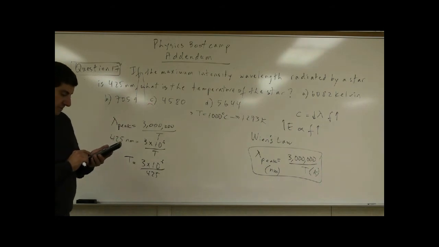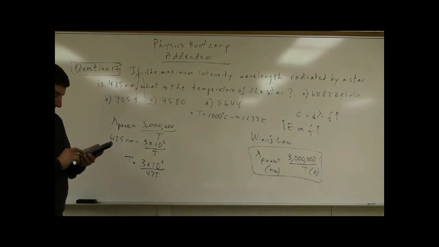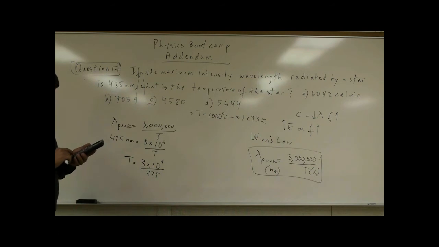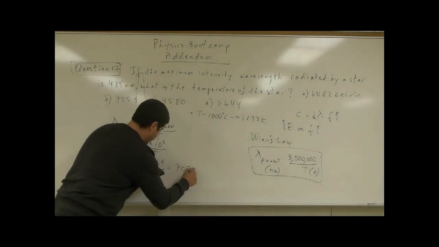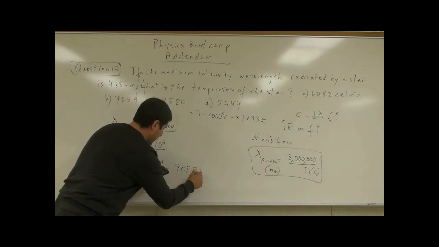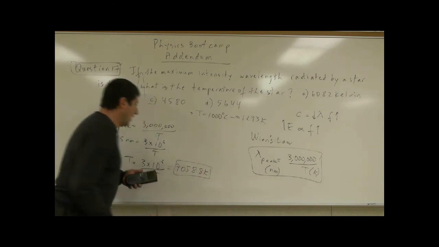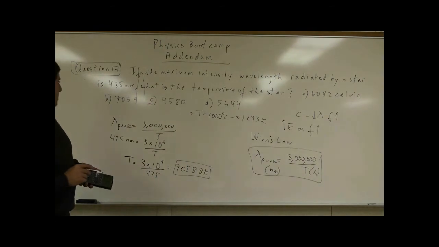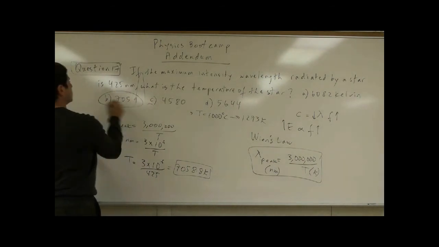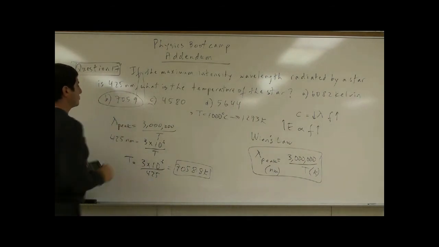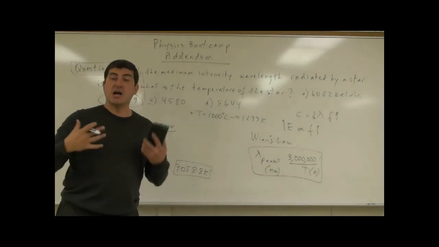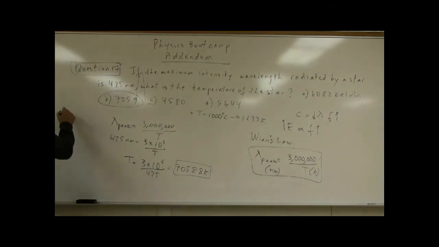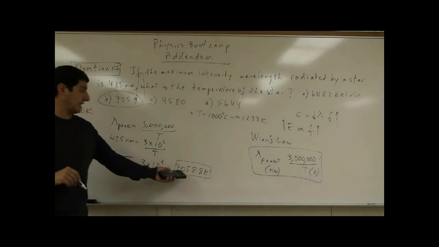So 3 times 10 to the power 6 divided by 425 gives you 7058.8 Kelvin, which actually is this one, B, 7059 Kelvin. That happens to be a star that is hotter than our sun.